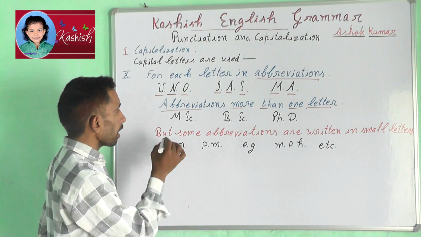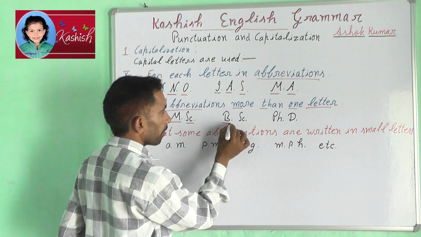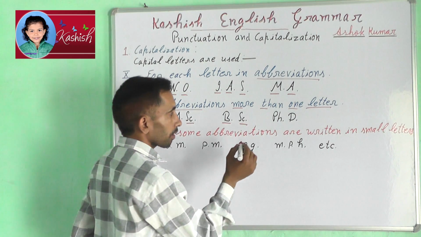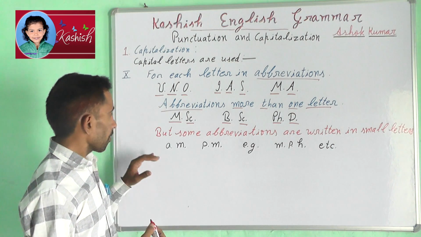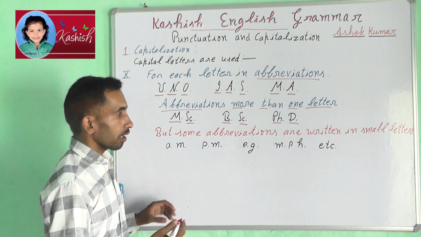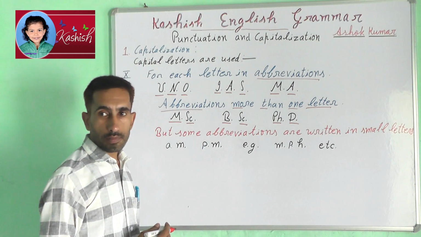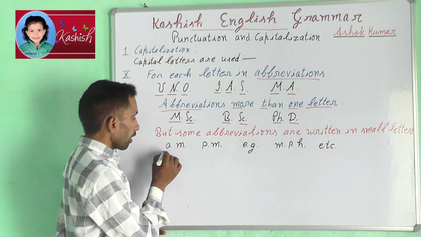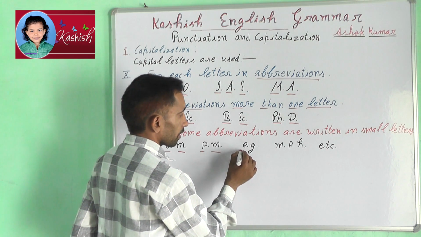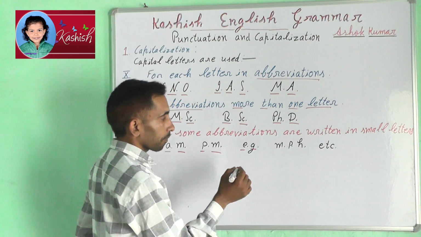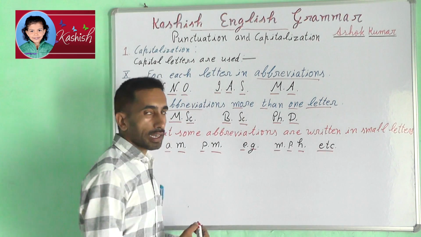For example, MSc, BSc, PhD. But some abbreviations are written in small letters. For example, a.m., p.m., for example, meter per hour, etc.